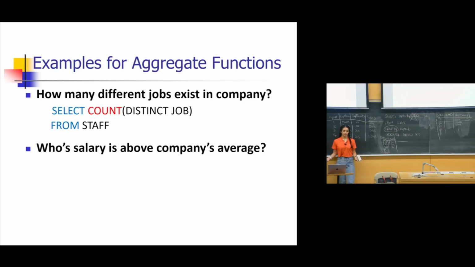Company's average salary, right? So you first have to find the company's average salary. And let's say we find the company's average salary is 100K. Then this query will be very easy. Then it's like whose salary is greater than 100K, right?